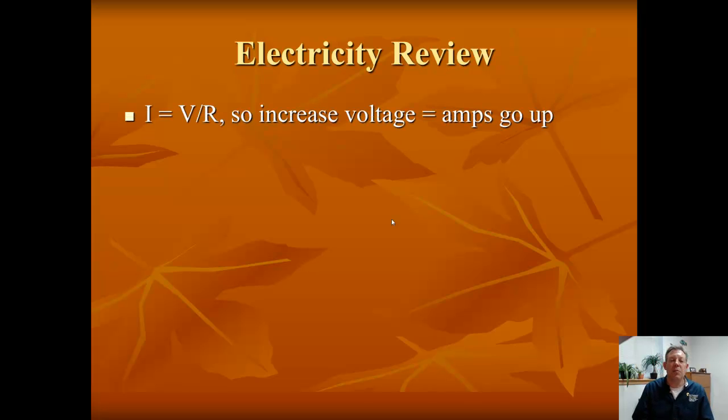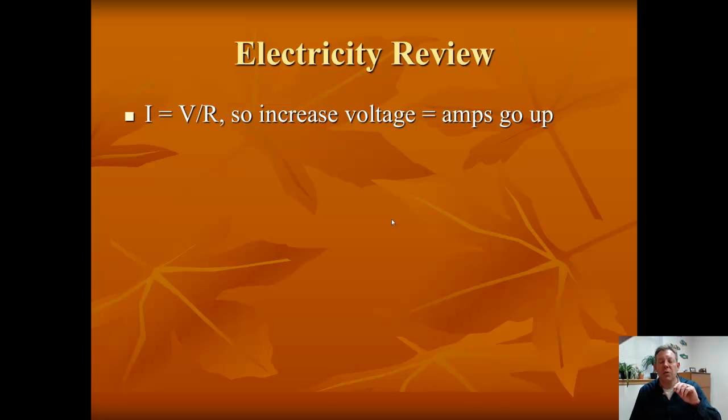So for example, if you look at this I equals V divided by R, if you're out on a given lake, it has a certain conductivity, so it has a certain resistance. Resistance doesn't change. But if you increase the voltage that's coming out of your generator, then you're going to also increase the amperage. So by increasing the voltage, you can carry more electrons.